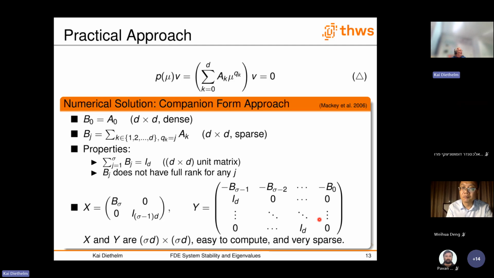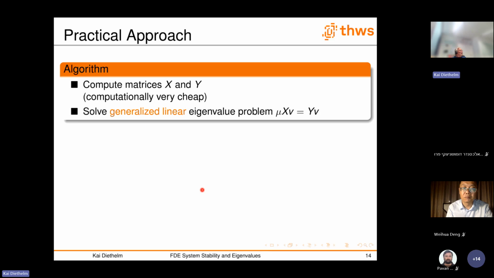So what does our algorithm look like? It's a classical trick in numerical linear algebra. So instead of solving this polynomial eigenvalue problem in d dimensions with a polynomial of degree sigma, we look at a generalized eigenvalue problem with those matrices X and Y. This is a generalized linear eigenvalue problem.